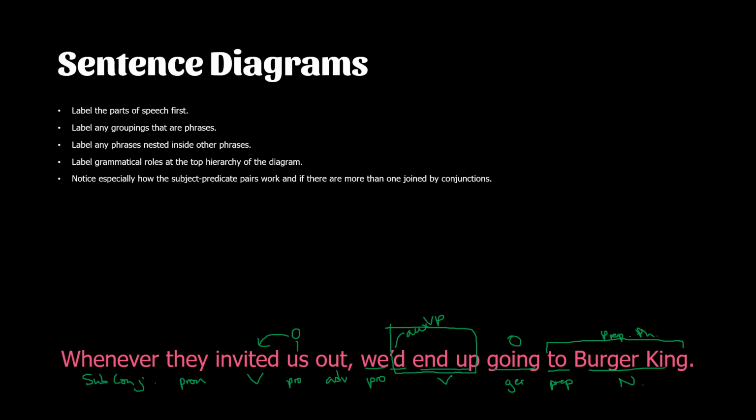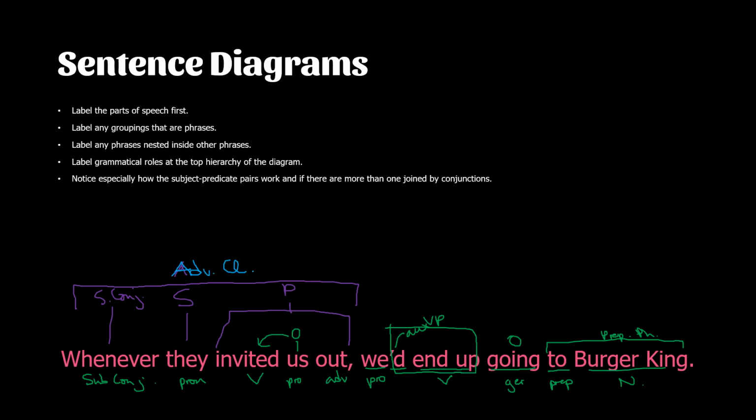So what we need to do now is look at some of the hierarchy. We'll have the subject, invited us out, is the predicate, and the subordinating conjunction. Because it begins with a subordinating conjunction, this is an adverb clause.